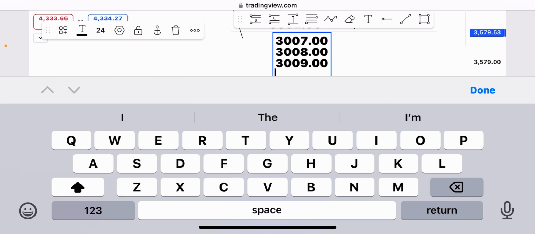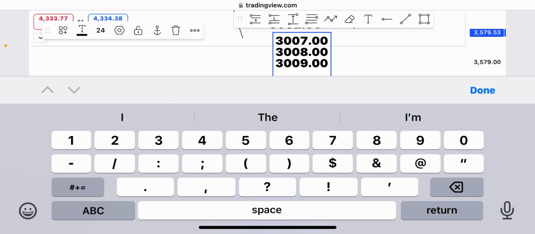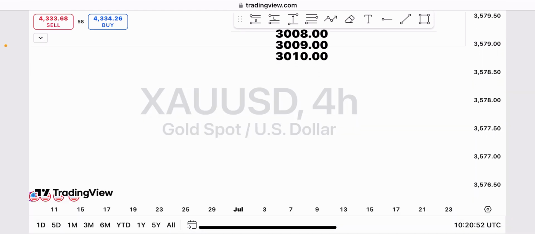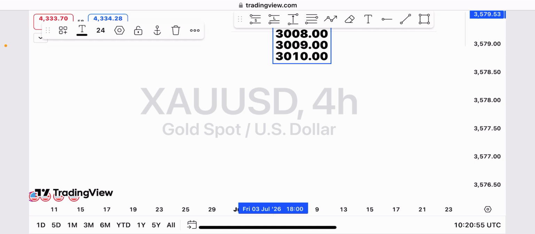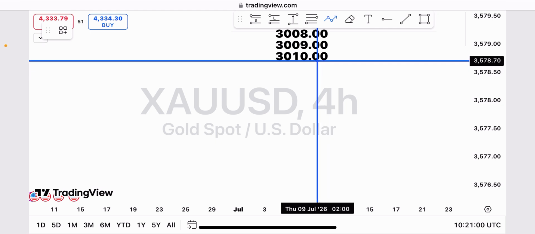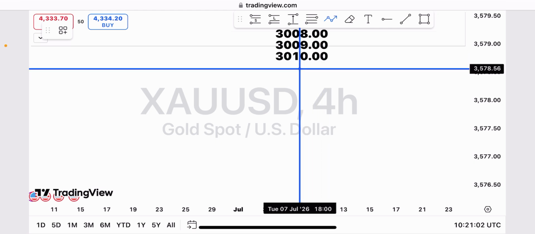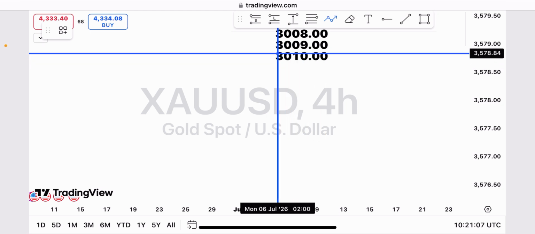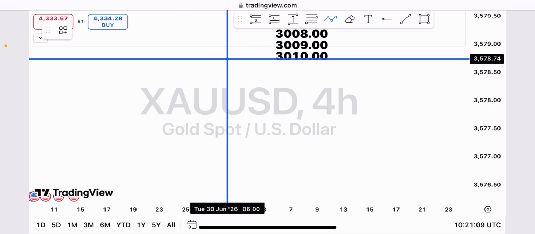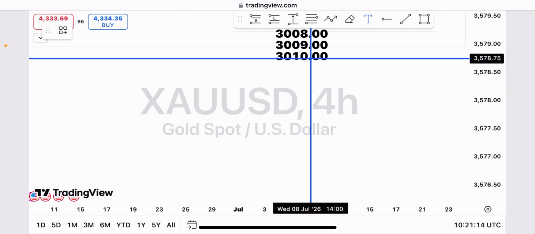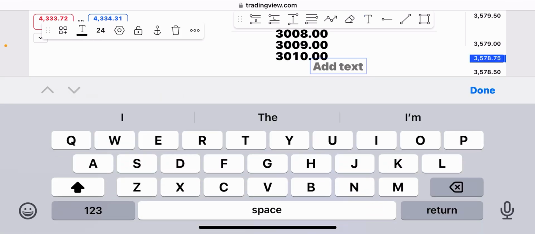Now if this 90 pips should increase by 1, again we have 3010.00, making it 100 pips. So your pipette, your 1 unit pip, your 10 pips, your 100 pips, your 1000 pips, like that. I'm sticking to the minimum, then as time goes on, you do your stuff yourself and follow along with everything that I'm saying.